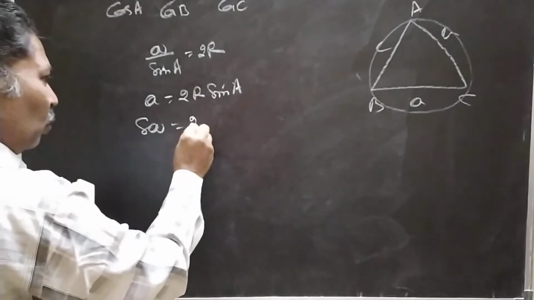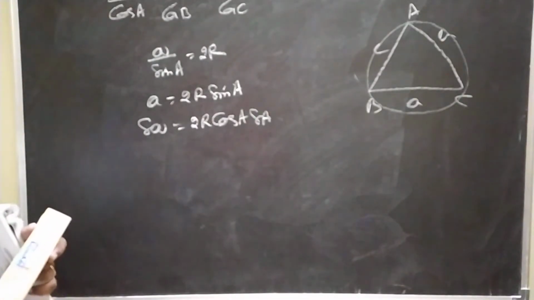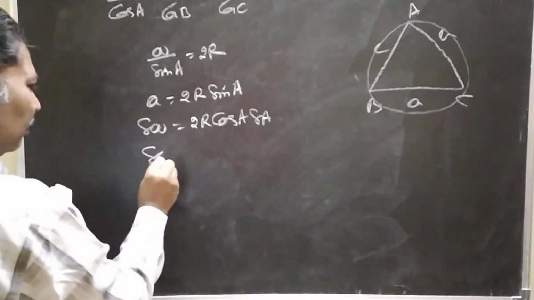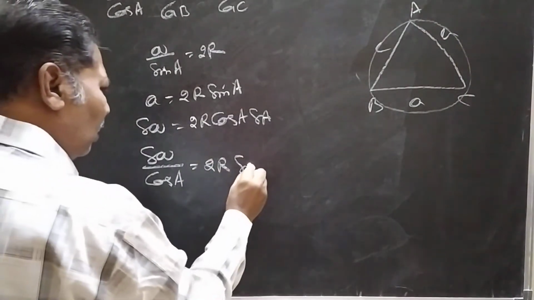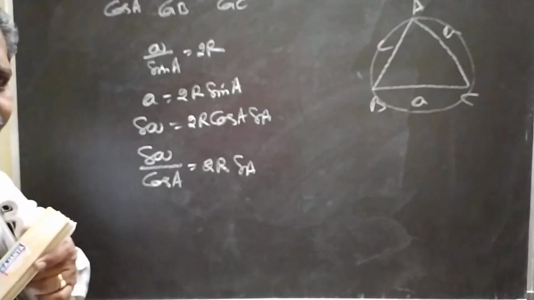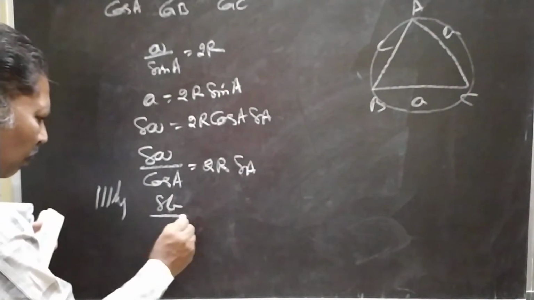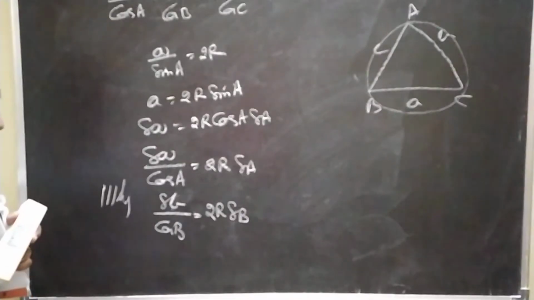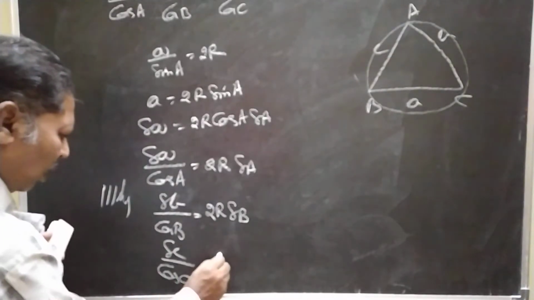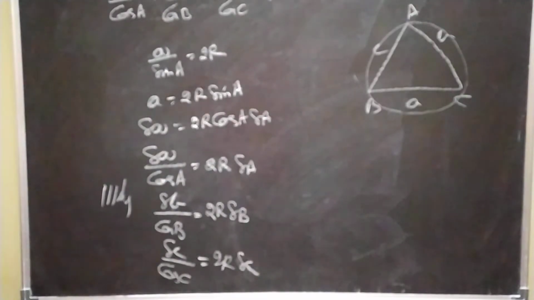Delta a equal to 2R cos A into delta A. Delta a by cos A equals 2R delta A. Similarly delta b by cos B equals 2R delta B, and delta c by cos C equals 2R delta C.